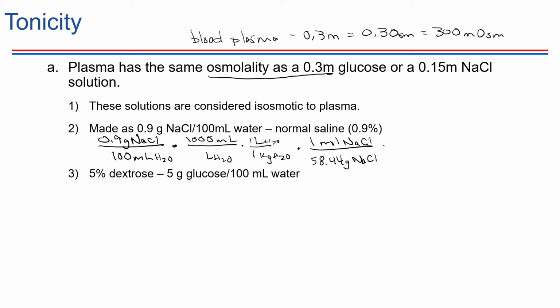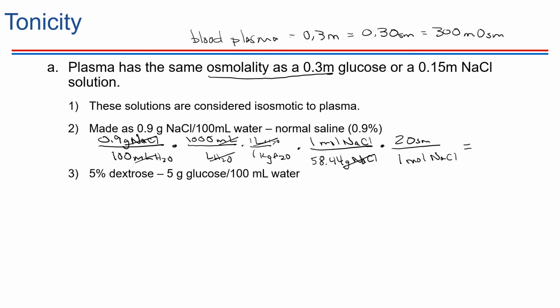Now these grams cancel out with these grams, and we already canceled out the liters and milliliters. So right now we're dealing with moles per kilogram. And we know there are 2 osmoles per 1 mole of sodium chloride, because remember, that's how it dissociates.